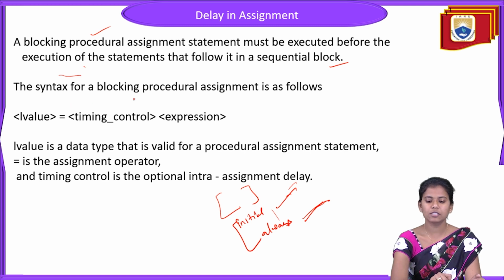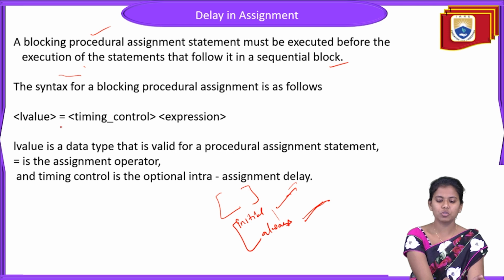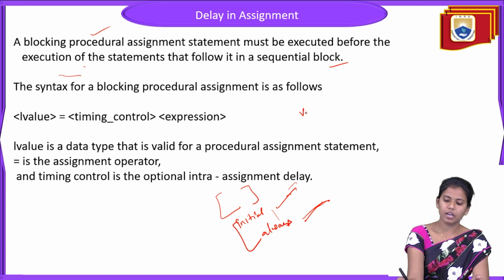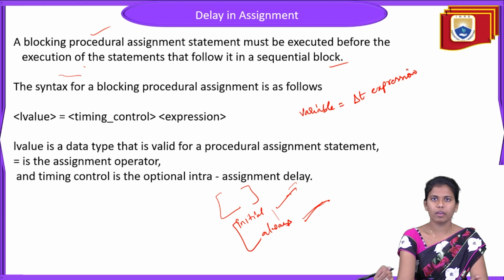That means the syntax of the blocking procedural assignment uses the equals to as the operator. To the left-hand side the value is dumped onto the variable, and to the right-hand side there is a timing control followed by the expression. That is: variable = timing control delta t and the expression. So this is for the blocking procedure.